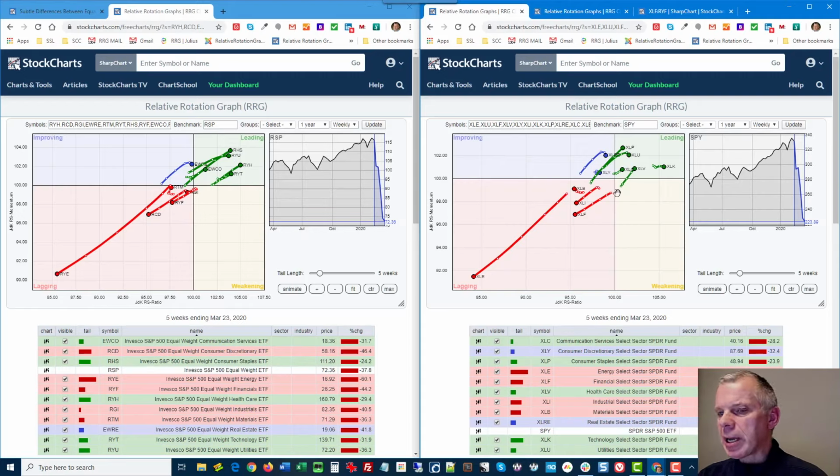So this is a way that you can actually play with equal weight versus cap weighted ETFs and find interesting relationships that may give you a clue or some guidance on which part of the sector, large caps, smaller caps.